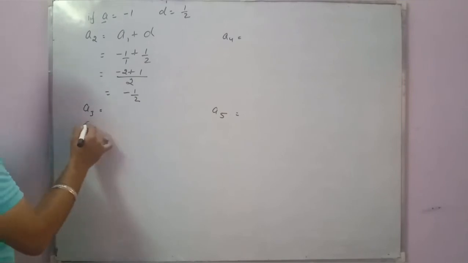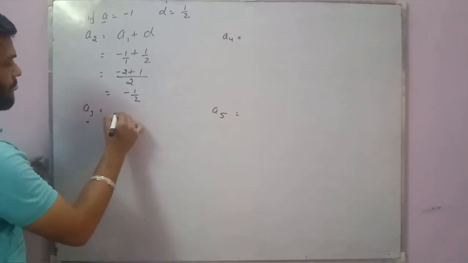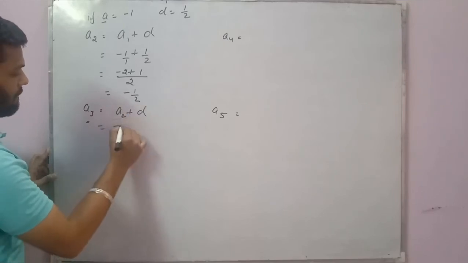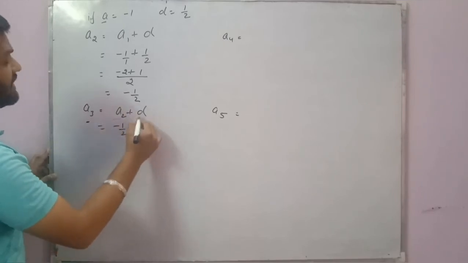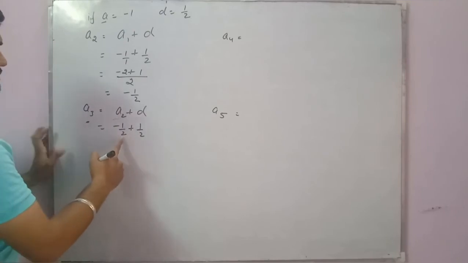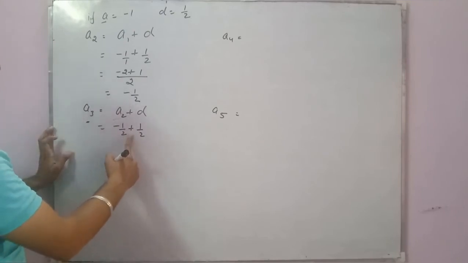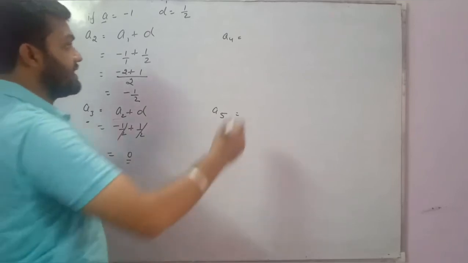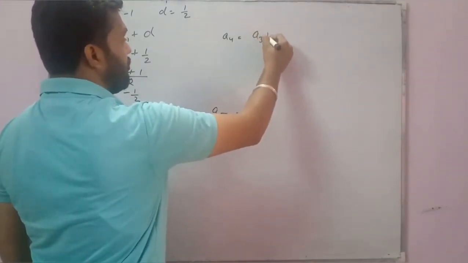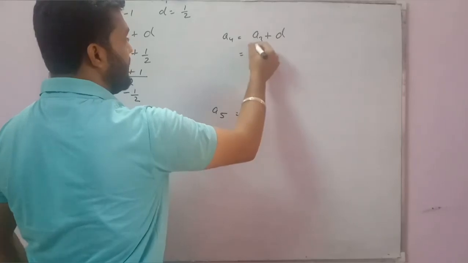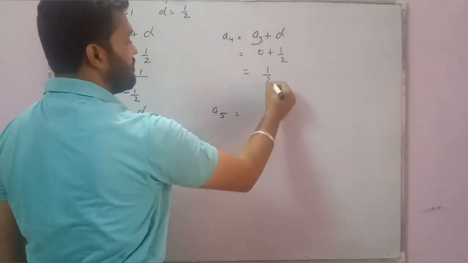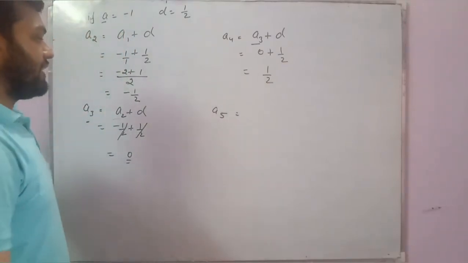Now find the third term, A2 plus D. A2 is minus 1 by 2, plus D, 1 by 2. This is minus 1 by 2, this is plus 1 by 2, and they cancel. It is 0. A4 is A3 plus D, A3 is 0 and D is 1 by 2. That answer is 1 by 2.